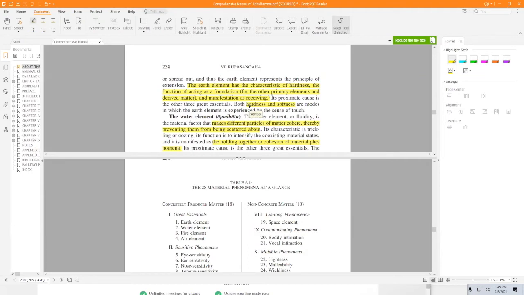Where the earth element is more recessive, then we experience softness. But both are modes in which the earth element is experienced by the sense of touch. And the function of the earth element is to serve as a foundation for the other primary elements and for all of the other types of derived matter.